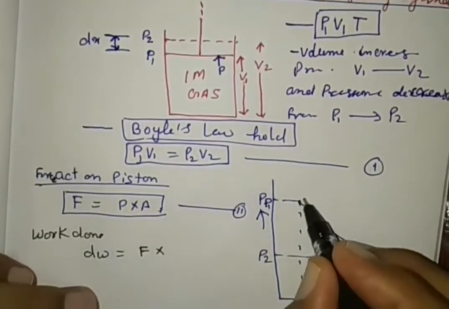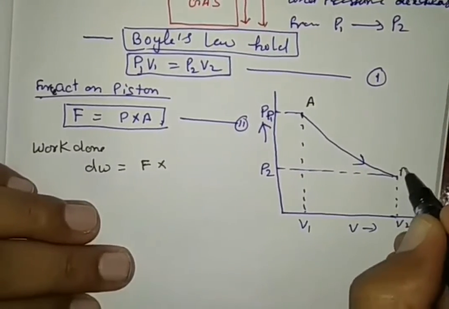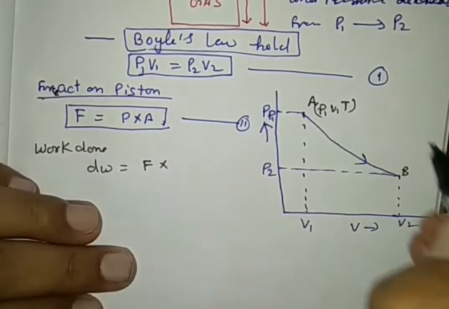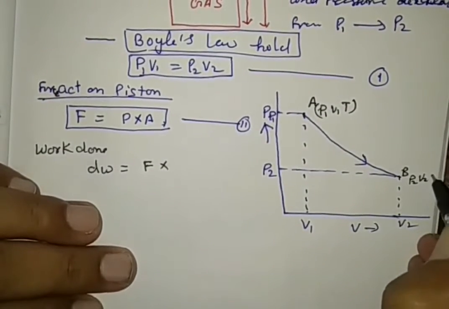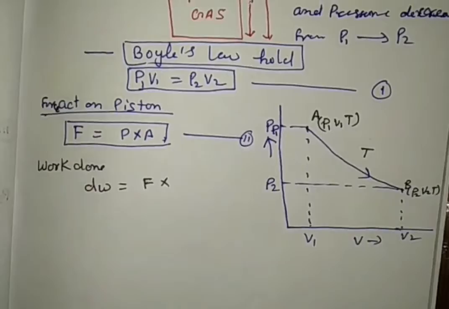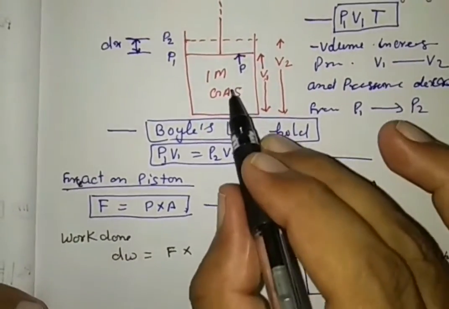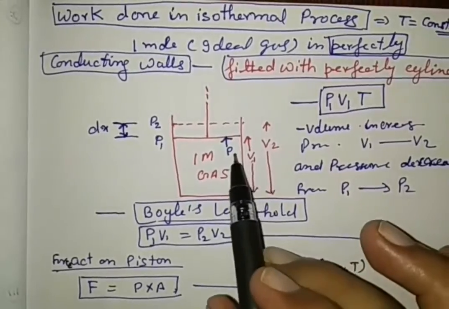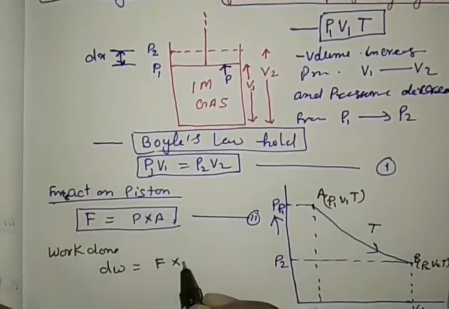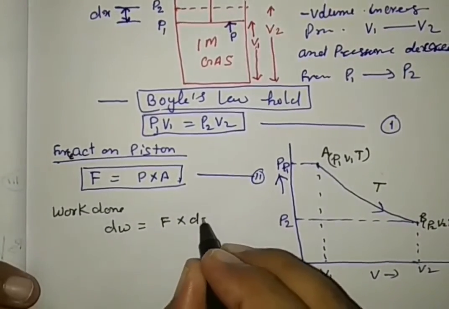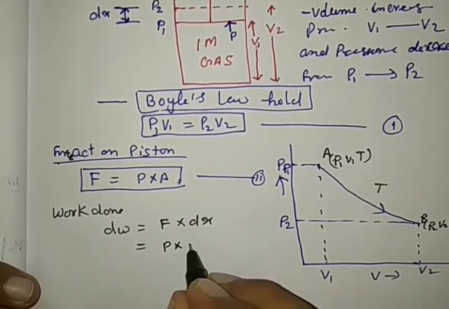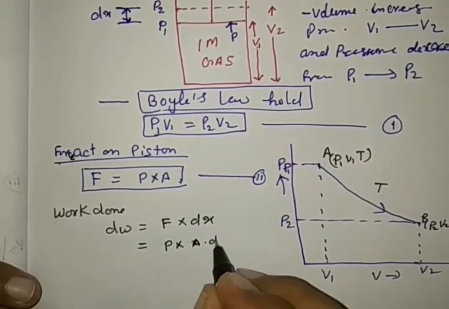So at point A to B, the thermodynamical coordinates are P1, V1 and temperature T, and P2, V2, but temperature is T. This process takes place very slowly, in such a way that whatever heat is absorbed is used to increase the volume. So work done is force into displacement dx. But we know that force is given by pressure into area.